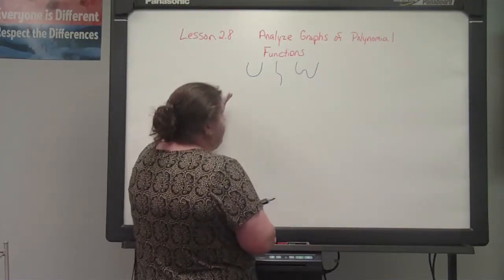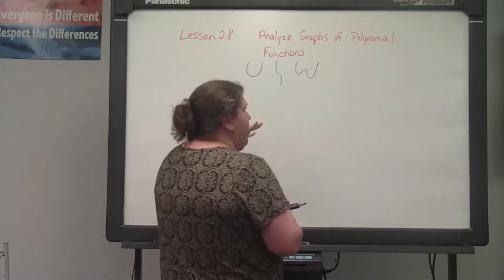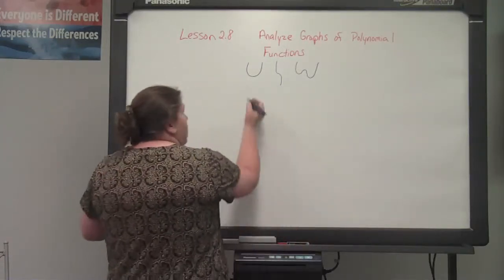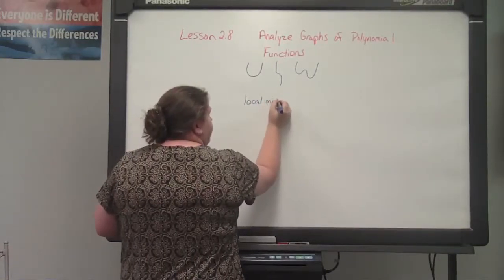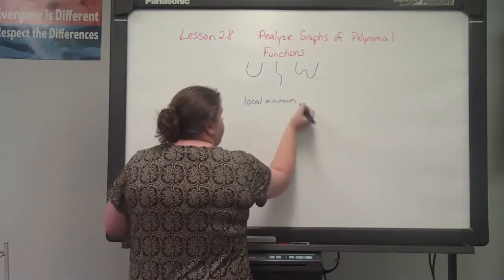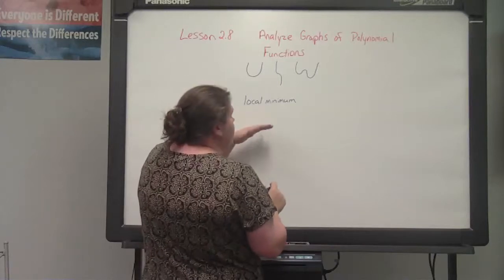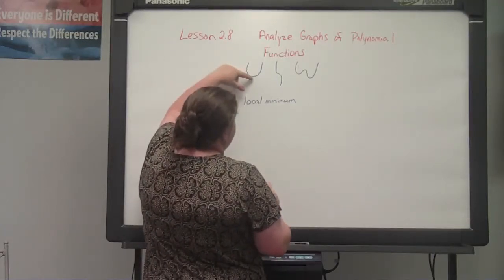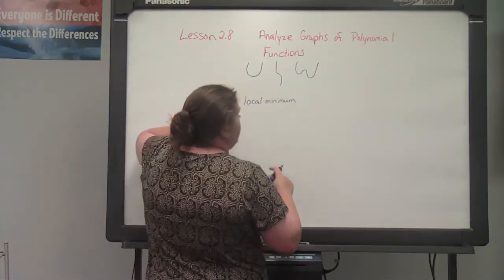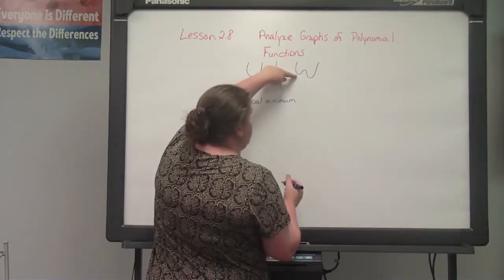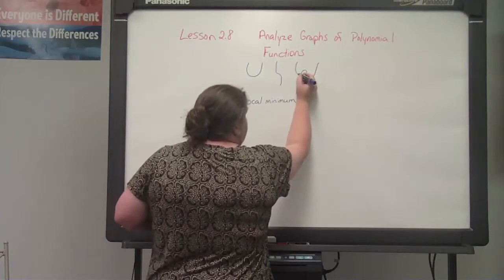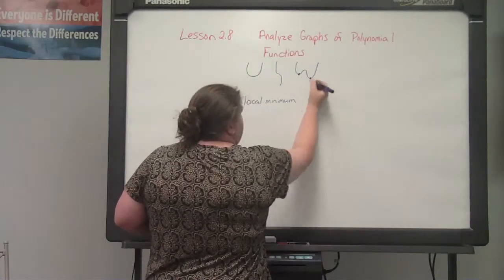In your graphs of the polynomial functions, you will have the local minimum, and the local minimum is simply the lowest parts of the graph. So like on this one, your local minimum would be right here and right here.